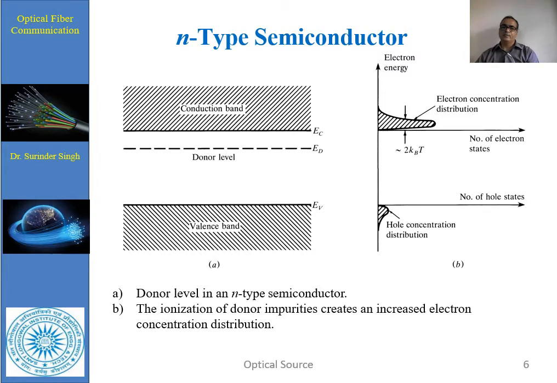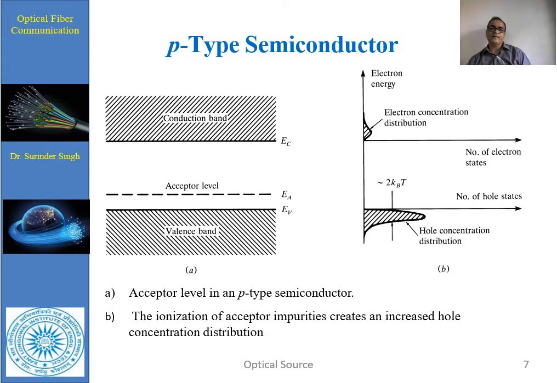So the donor level in N type is formed here, and this causes the electron concentration distribution to increase in the conduction band, and the number of electrons in this state increases, whereas in the valence band the hole concentration distribution decreases, which is shown in this electron energy diagram.